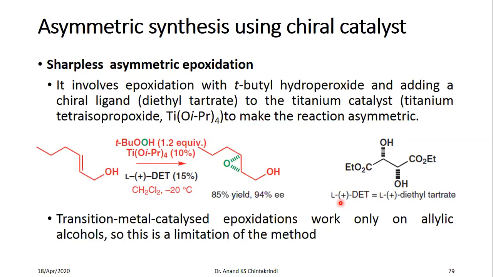Now, coming back to the asymmetric synthesis example here, that is Sharpless asymmetric epoxidation. You have a chiral ligand, and the catalyst here is titanium tetraisopropoxide. So a complex of this chiral ligand and this catalyst will form a chiral catalyst in this case.